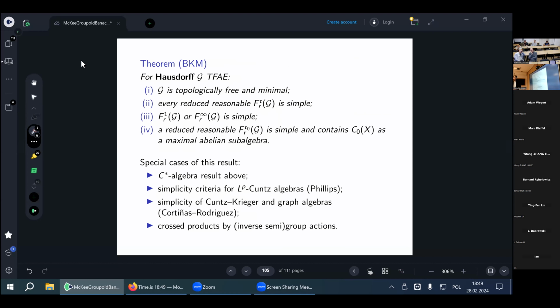Somehow these are the ones for which it's reasonable to ask the simplicity question. We need these conditional expectations. Yes, this is based on Renault's stuff.